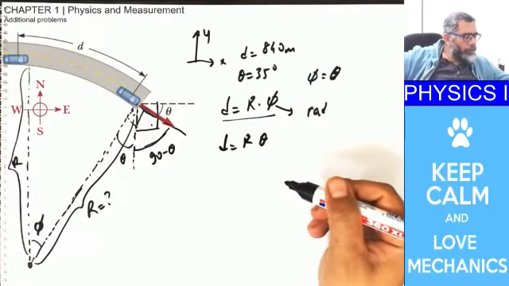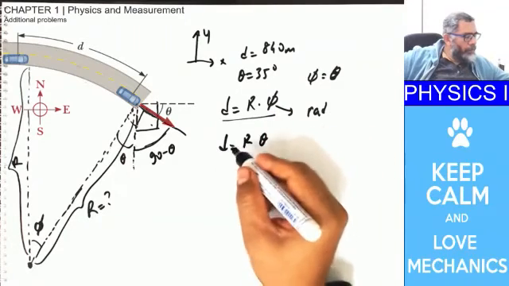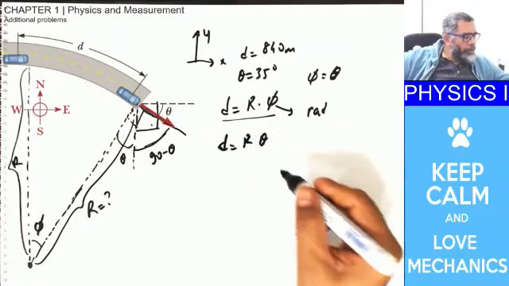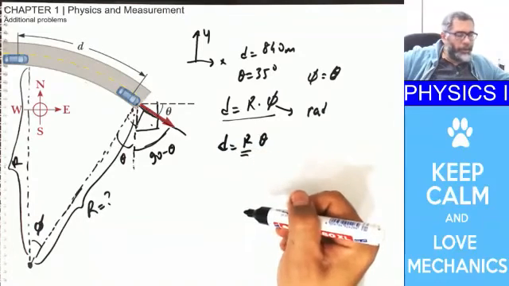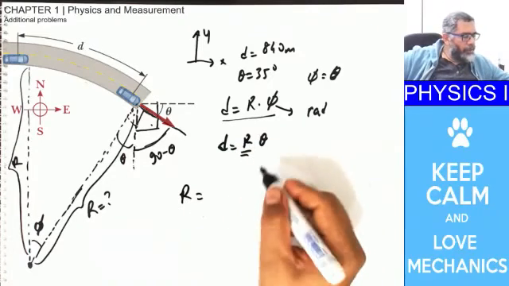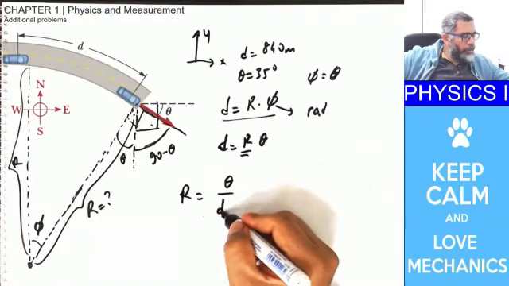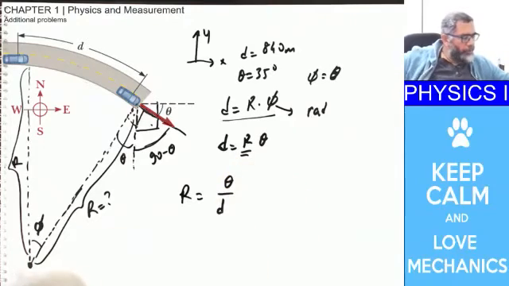But as I said, theta has to be converted from degrees to radians. So how do you convert this? Let me first rearrange this equation so that we can solve for r. r is going to be d divided by theta.